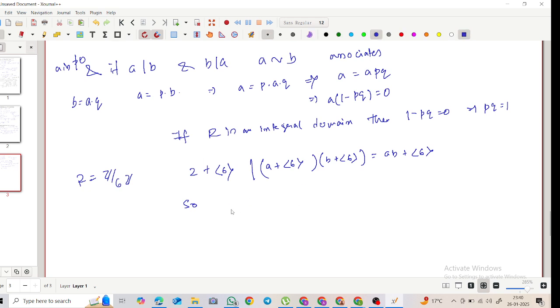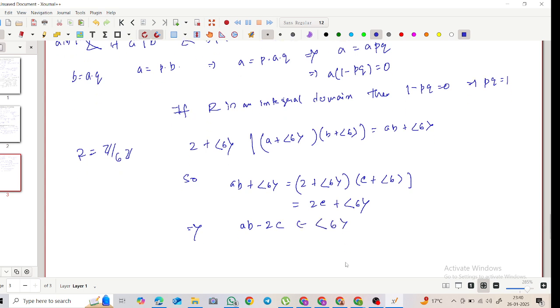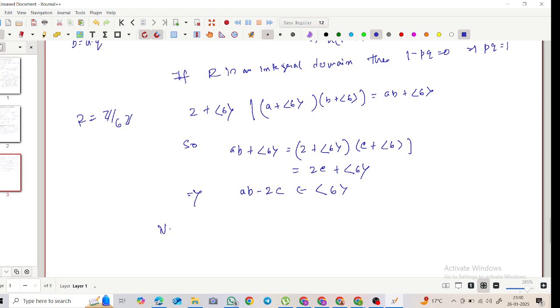So AB plus 6Z is (2 plus 6Z) times some (C plus 6Z), which is nothing but 2C plus 6Z, which implies AB minus 2C belongs to 6Z.